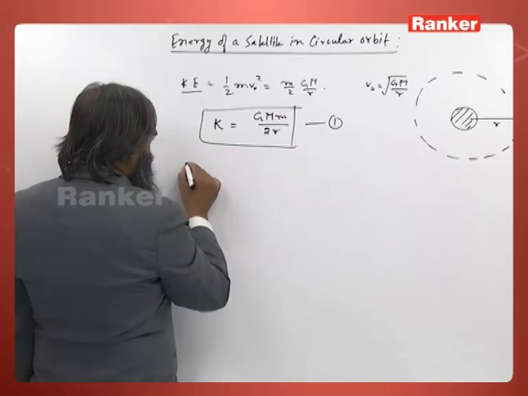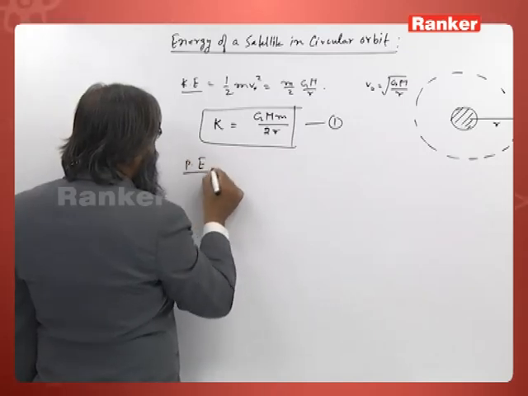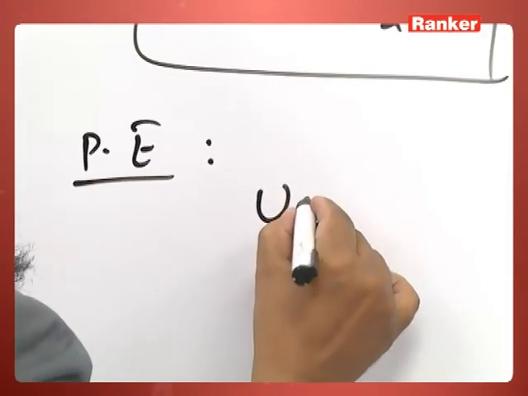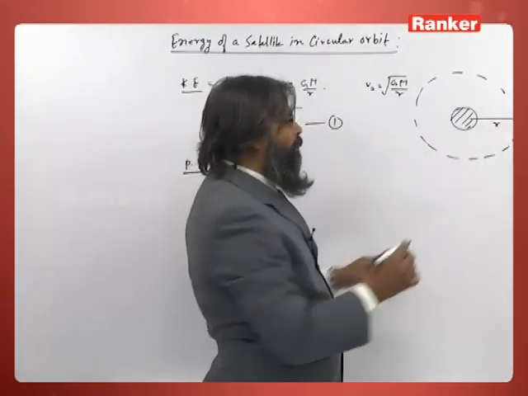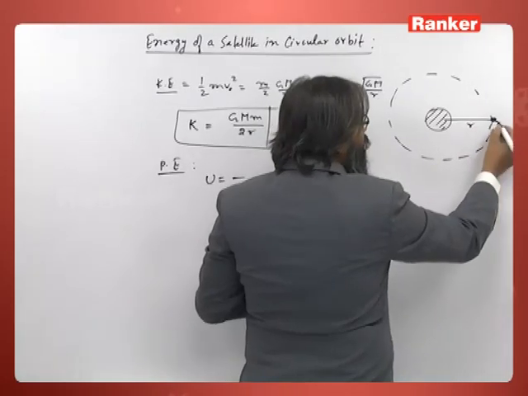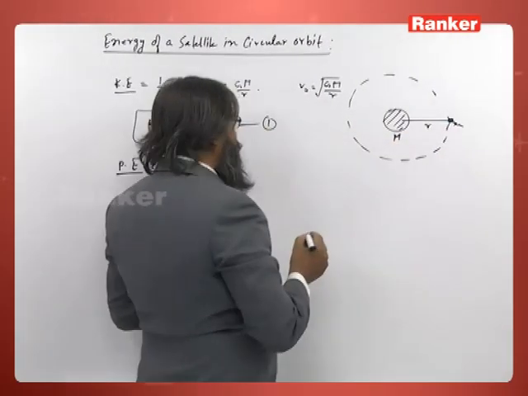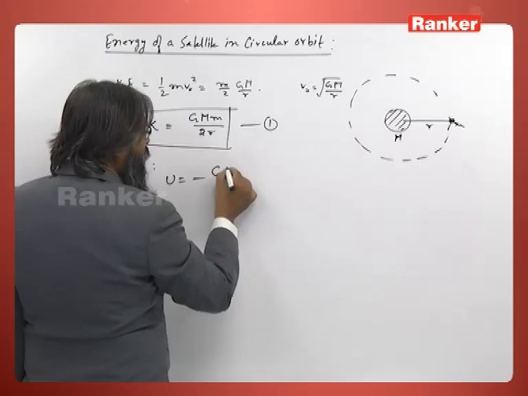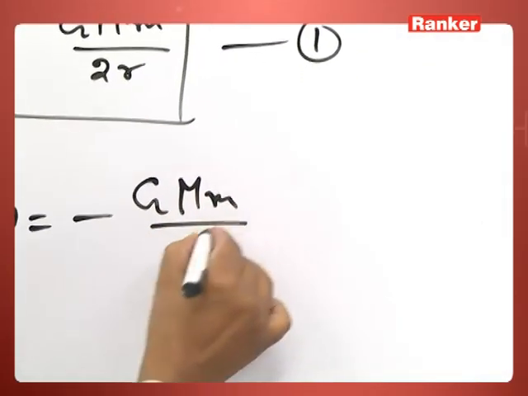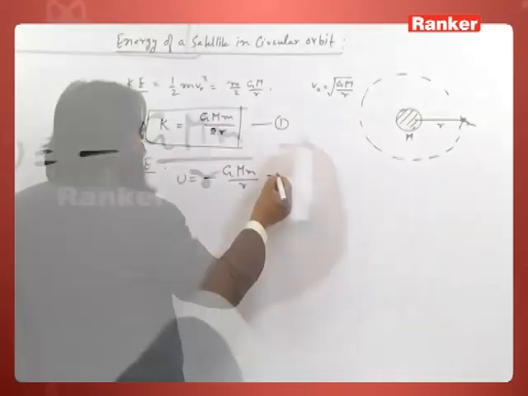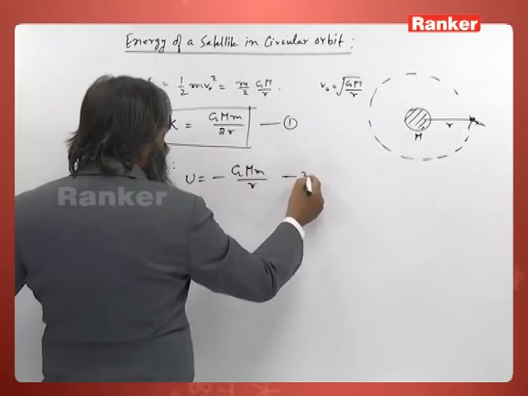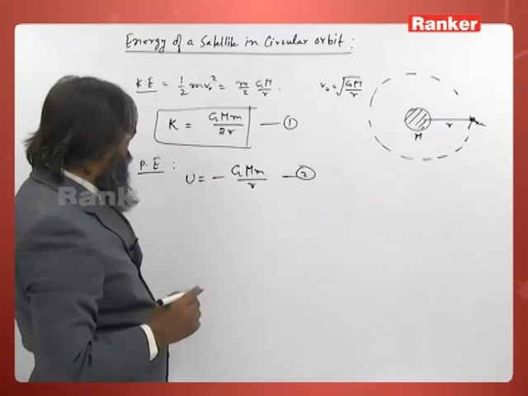Now, potential energy. This U will be the potential energy of the satellite of mass m when orbiting round the earth of mass M, given by minus G M m by r. This is equation number 2.